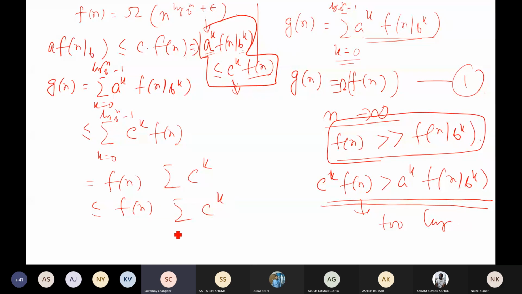Since all terms are positive, c is less than 1 but positive, so if we add more terms, the infinite sum will be greater than this. So what is the sum of this value?